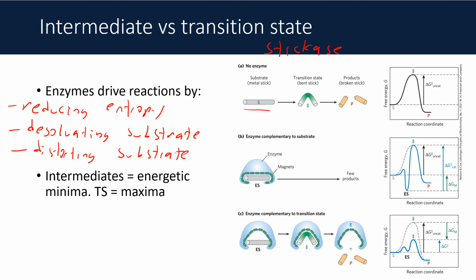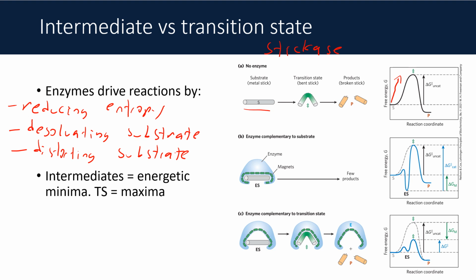We have our stick, we put in a lot of energy and squeeze it into a bent reactive transition state. And once we've stressed this part of the metal, it'll snap. And that will give us two products, the halves of the broken stick.